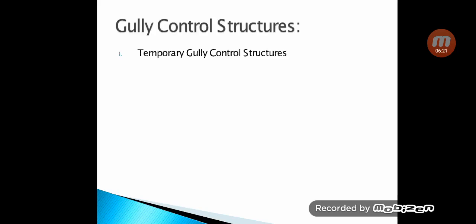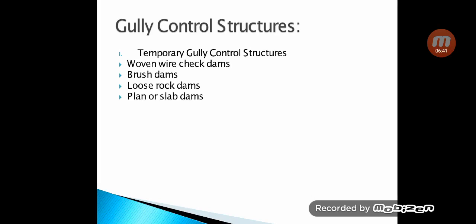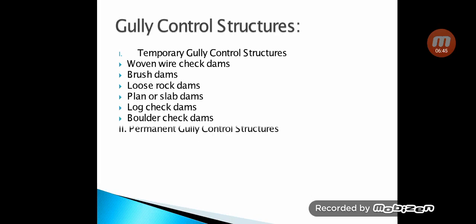We will see one by one what the gully control structures are, that is, the structures that may be built to prevent or control the formation of gullies. First are the temporary gully control structures, which include woven wire check dams, brushwood dams, loose rock dams, plank or slab dams, block check dams and boulder check dams.